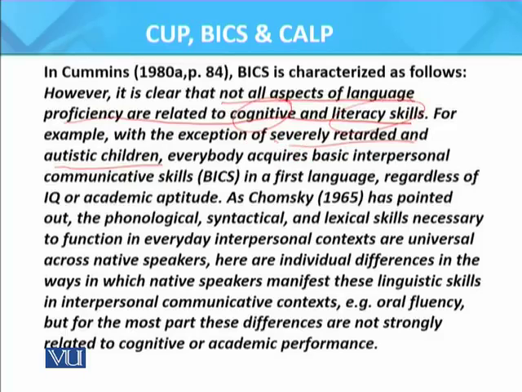But regardless of this, the basic skills can be acquired by everybody in first language, regardless of IQ or academic aptitude. As Chomsky has pointed out, the phonological, syntactical, and lexical skills necessary to function in everyday interpersonal contexts are universal.